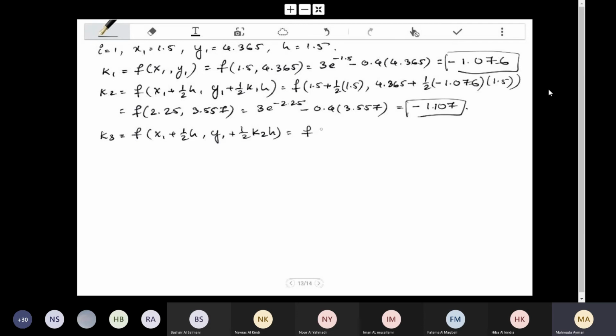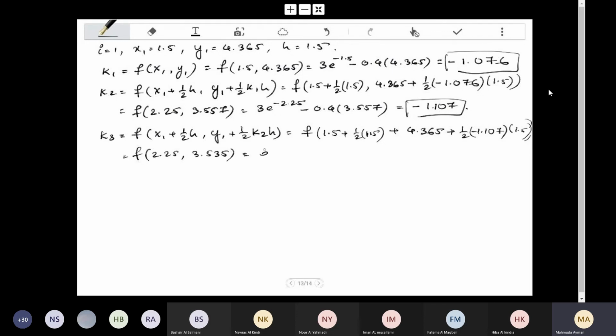So we have here the function at x1 is 1.5 plus 1 half times h, that's 1.5, and plus we have y1, which is 4.365 plus 1 half times k2 value, that's minus 1.107 times h, which is 1.5, and then we have the function at 2.25 comma 3.535.